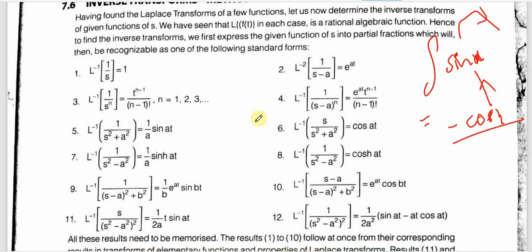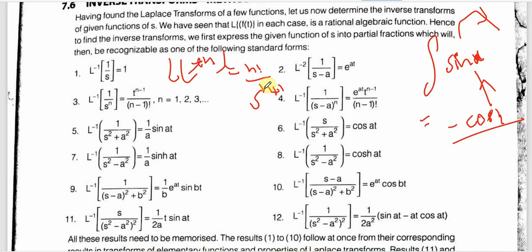Likewise you have to think: 1 upon s, its Laplace inverse is, so first think whose Laplace is 1 upon s. Laplace of 1 is 1 upon s, so its inverse will be this much. And 1 upon s to the power n gives t to the power n minus 1, because we know that Laplace of t to the power n is n factorial upon s to the power n plus 1.